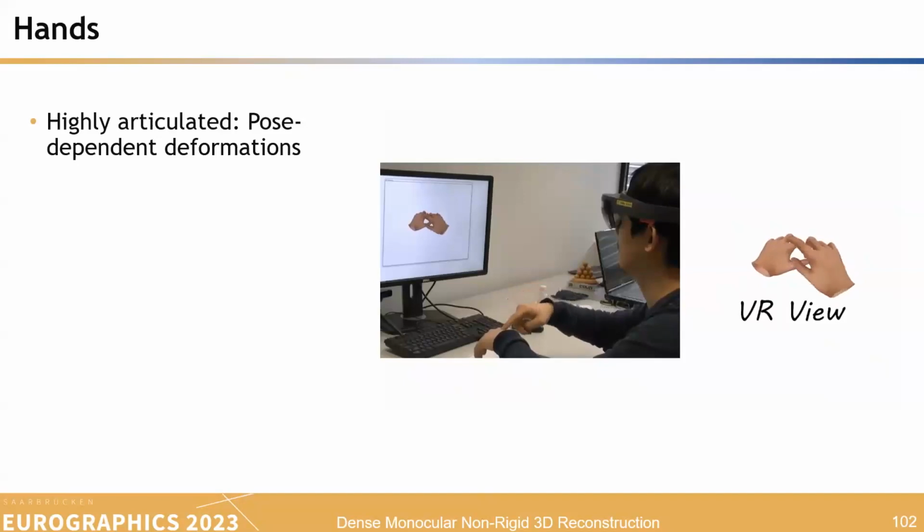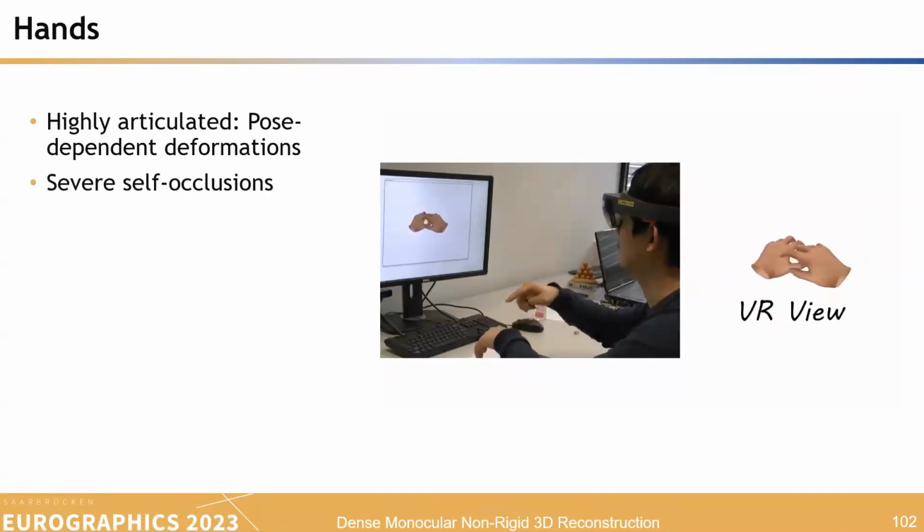Due to the bone structure, hands are highly articulated, even more than the rest of the human body, and this leads to pose dependent deformations, which are really hard to capture. This also leads to self occlusions, even more the case when you have two hands interacting.